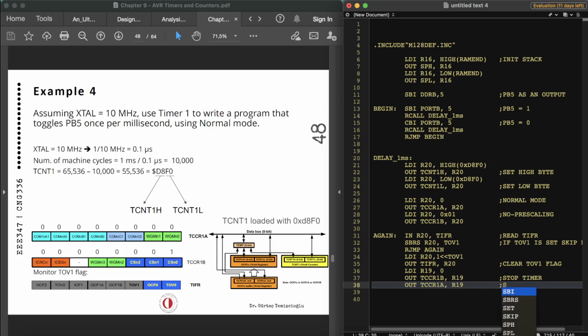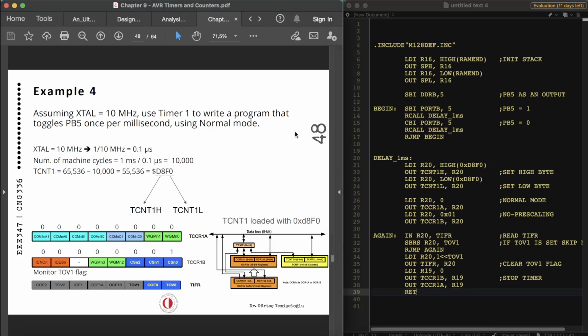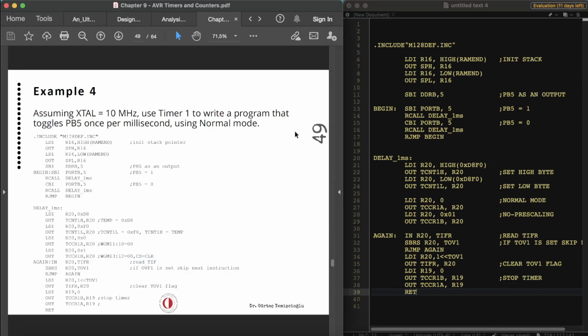That will also be for stop timer. And then we can just use return. So when it is done, it will go back to the main function and toggle port B. So this is how we can implement it.